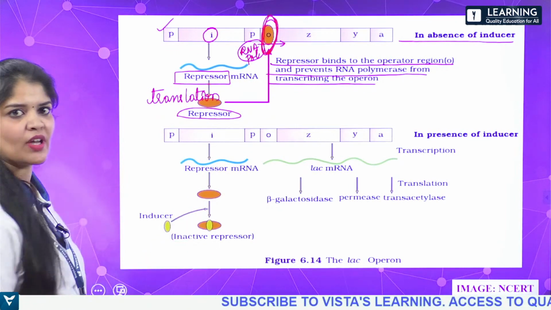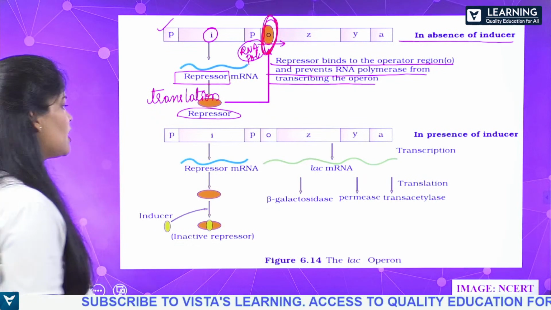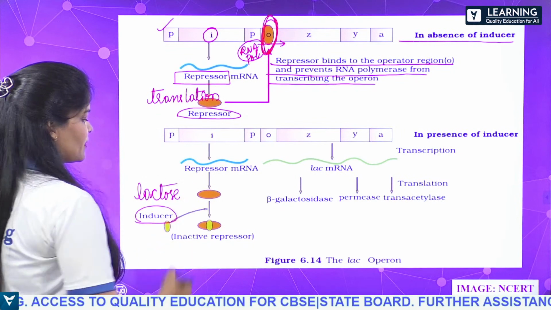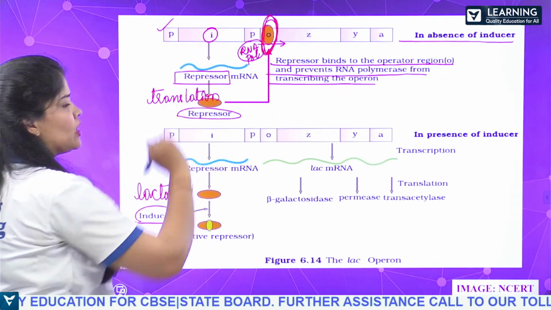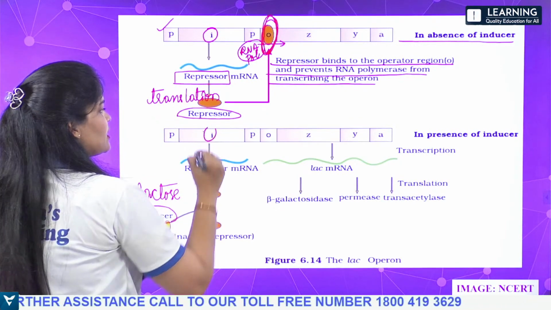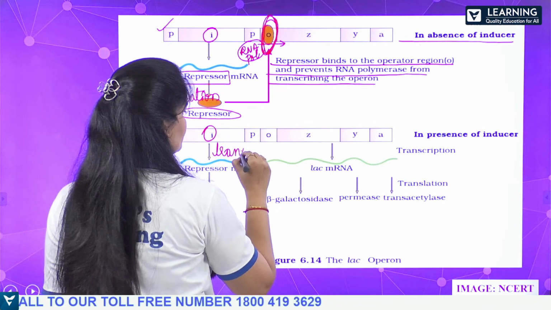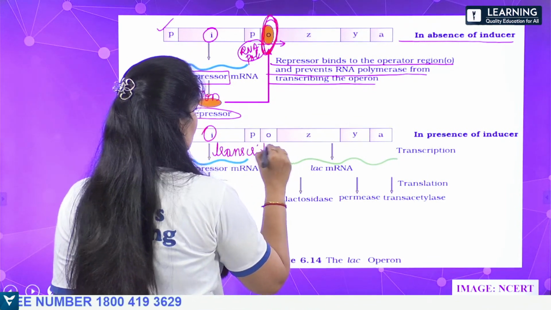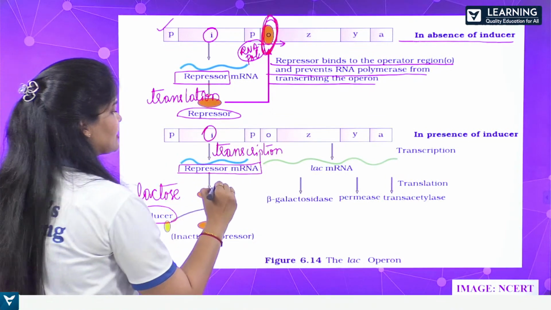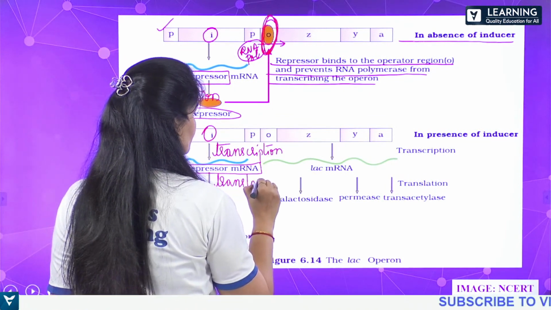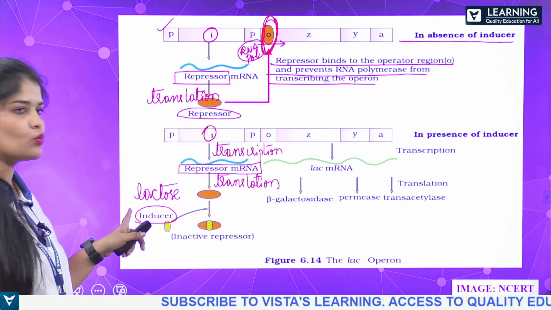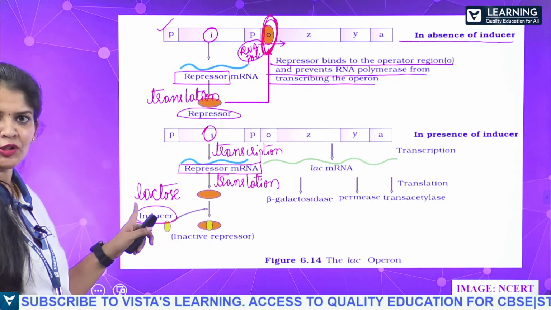And in the second case, there is the presence of inducer, in the form of lactose. Same as before, this is a constitutive gene and will express all the time. Here also the I gene is transcribed to produce repressor mRNA, and this is translated to produce repressors. Once the repressor is produced, it interacts with the inducer, lactose.